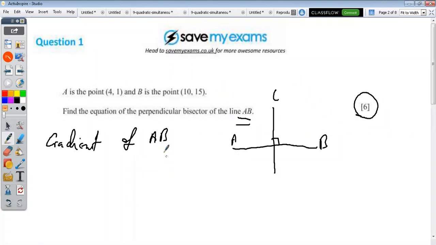Yes, sir. So gradient of AB, change in Y over change in X. 15 minus 1 over 10 minus 4. Are we agreeing? 15 minus 1 is 14, and 10 minus 4 is 6. So you can reduce that. That gives you 7 over 3.